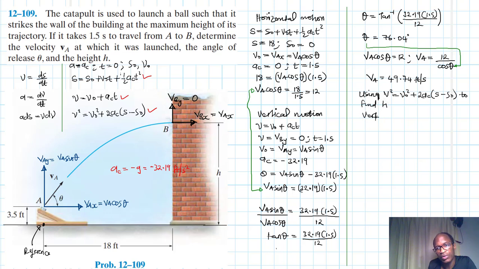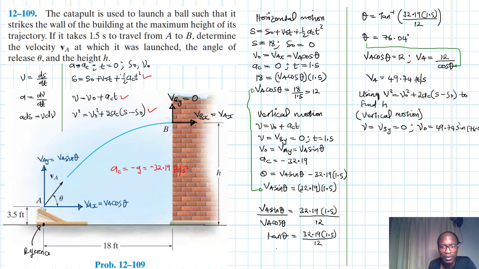Okay, so we are dealing with vertical motion. So here our V final is equal to VBY, which is equal to 0, and our V naught is equal to VA sine theta, and our VA is 49.74 sine 76.04.